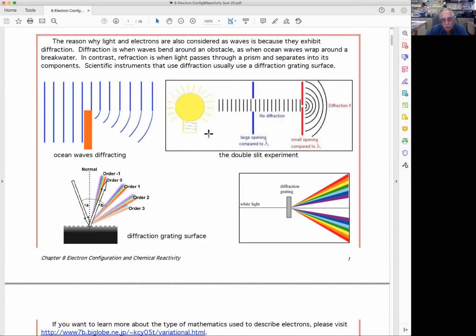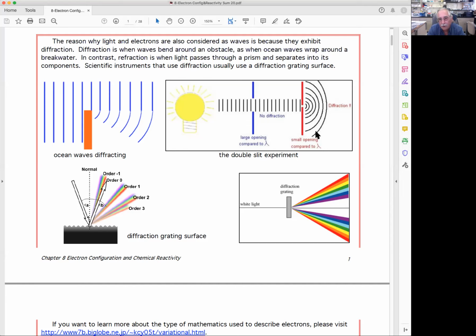So here's a very important experiment that was done during this time in the early 1900s. So here's the source of light. So here's the light coming through this large opening. You see no diffraction. But when you make it into a smaller opening, you see diffraction. So what if the electron did not act like a wave and do diffraction?